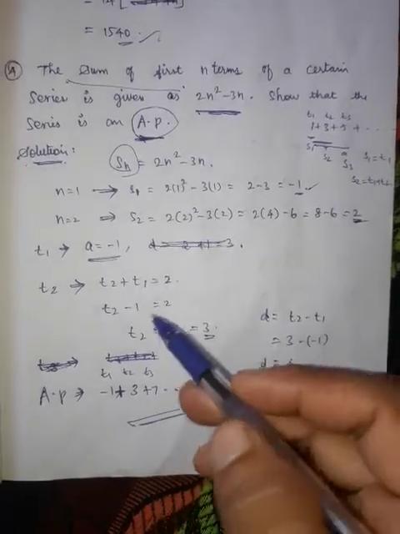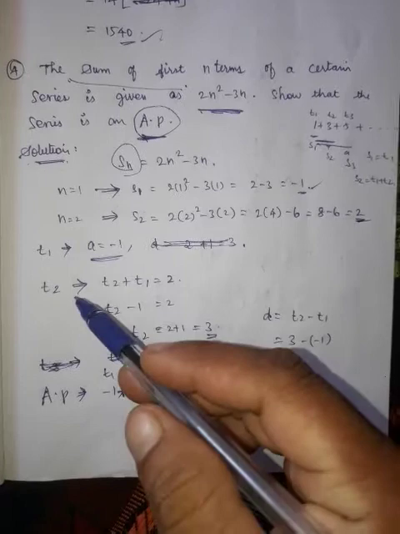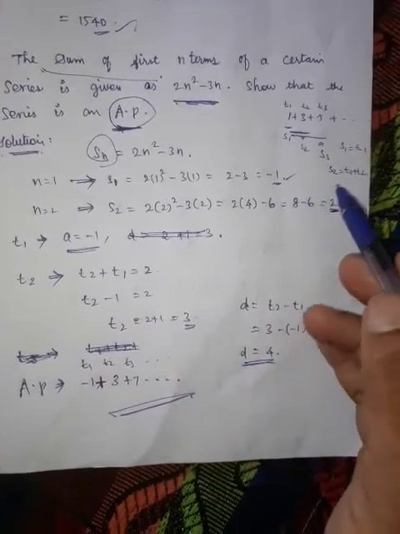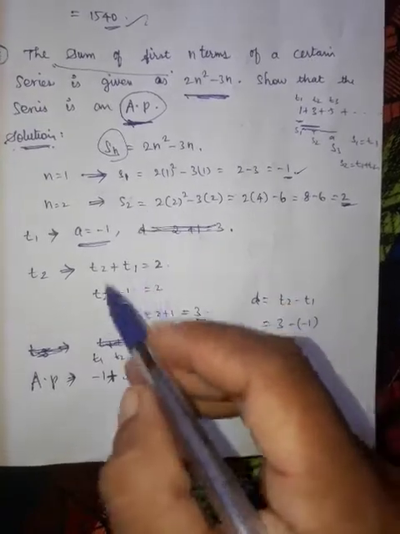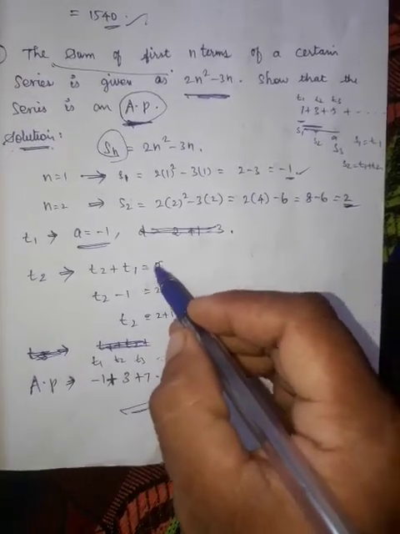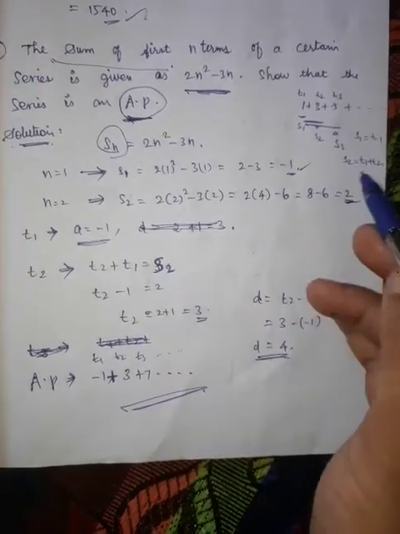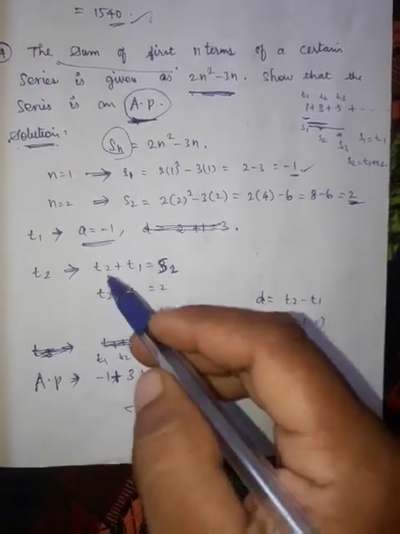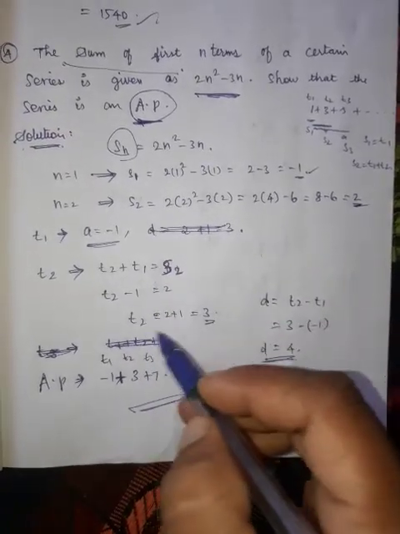Now we find the T1 value. T1 is minus 1 only. For T2, the formula is S2 equal to T1 plus T2, so S2 equal to T2 plus T1. T1 is minus 1 and S2 is 2, so T2 equal to 3.